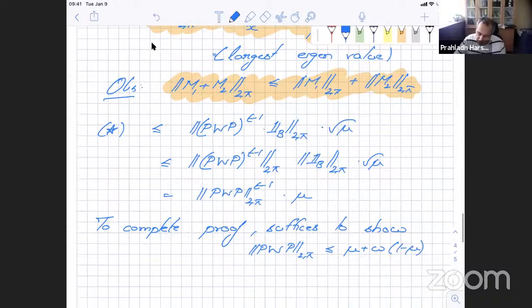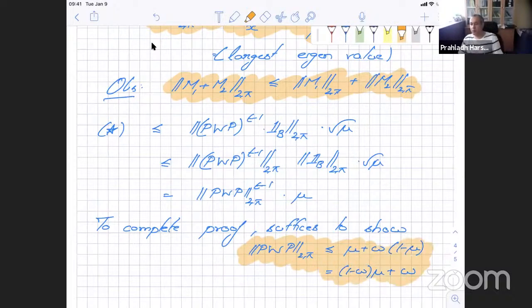I'm going to write this in a slightly different fashion and we'll prove it shortly: 1 minus omega times mu plus omega. This is the same thing as what was written. This is what we need to prove. If we prove this, we will be done. That was the goal.